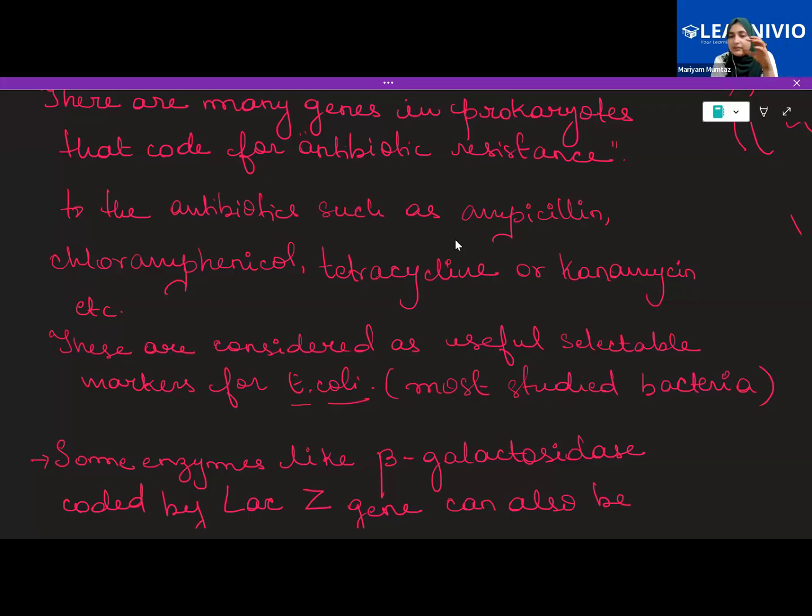But if you put it in a Petri dish containing ampicillin, it won't die. So now you will know that this has been transformed. It is living in ampicillin, but it is dying in tetracycline. Understood? So that is your selectable marker, which helps you understand whether transformation has taken place or not. Did you get it?